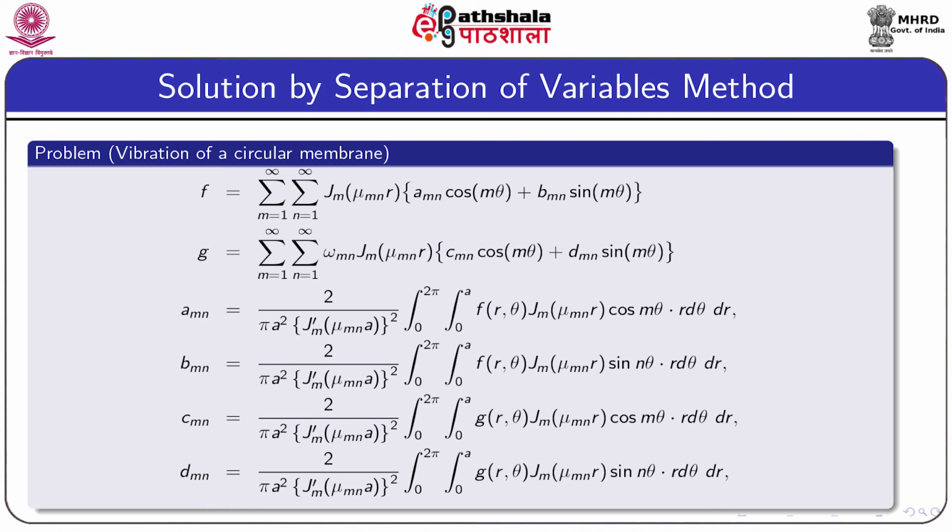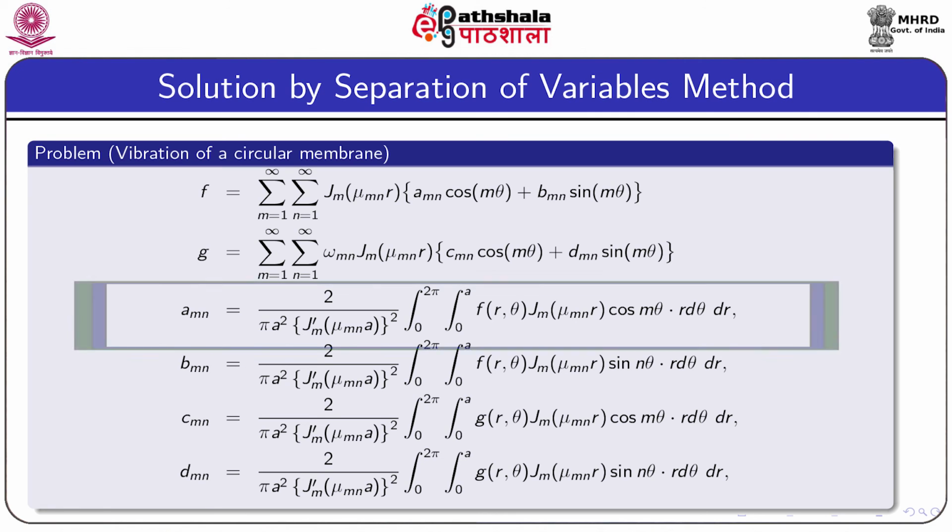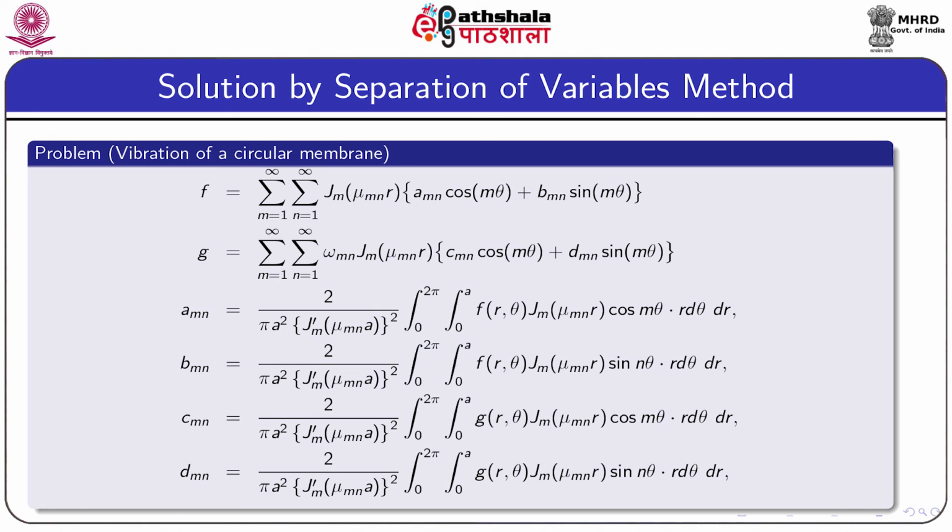Then, using the orthogonality property of the Bessel function and the cosine function, we can obtain the expression for a mn, as can be noted from the slide. a mn equals 2 by pi a squared J dashed m mu mn a whole squared and the integration. Here J dashed denotes the derivative of J.